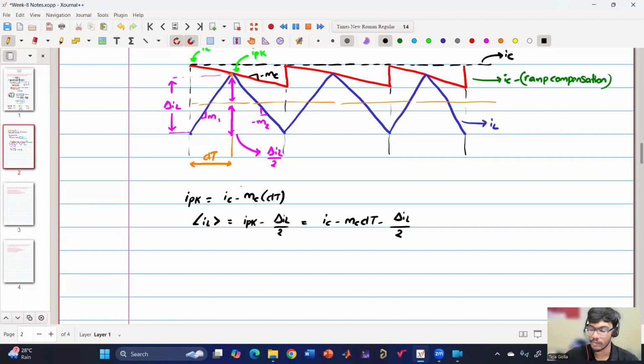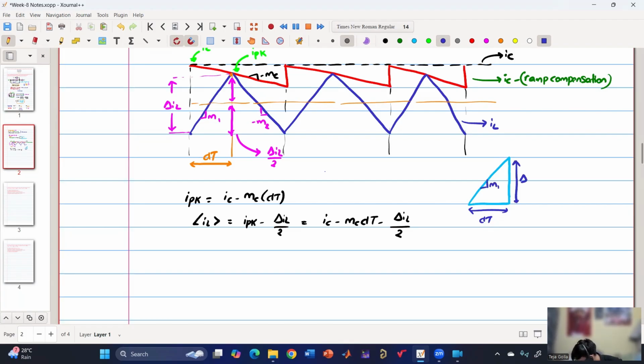Yes, sir. Okay. So now, if I want to write delta IL in terms of M1 and dt, I can write delta IL is nothing but M1 into dt, right? If I consider the triangle, this is dt, this is M1, and this is delta IL. So I know that delta IL by dt is equal to M1, so delta IL is M1 into dt.